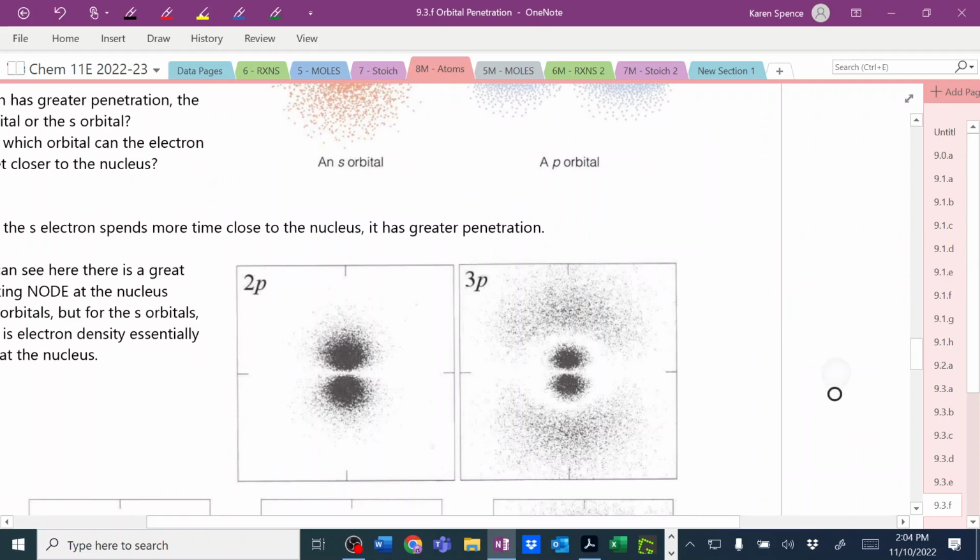We've got a 2p, and you can see those two lobes. You can see the 3p, there's two lobes, but just like the s orbital had rings, concentric spheres essentially, we have concentric lobes where again we have what's right here? That's a node. Again, are you going to have to draw this or recognize it or label a node? Probably not.